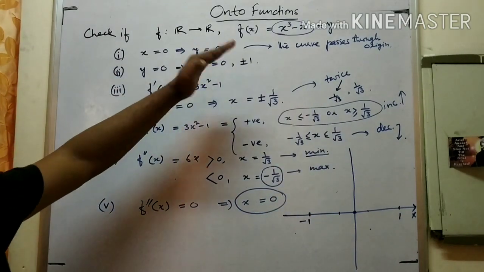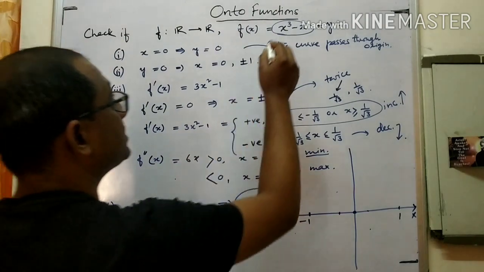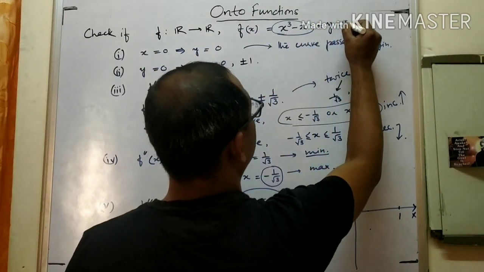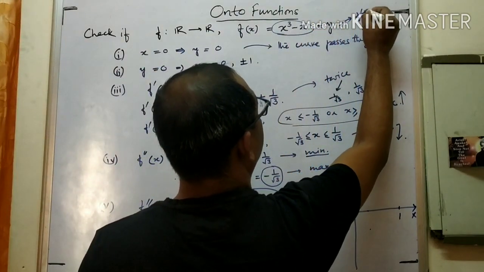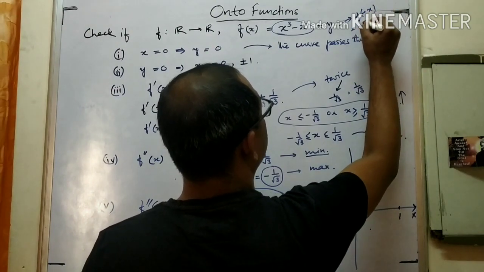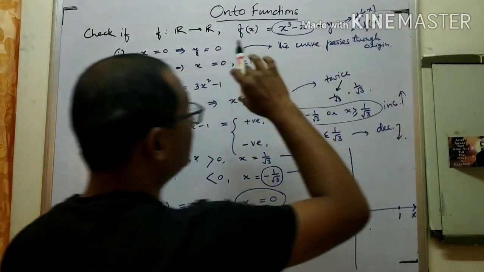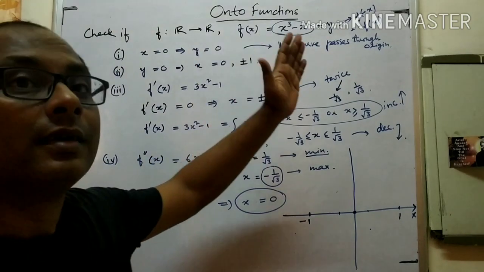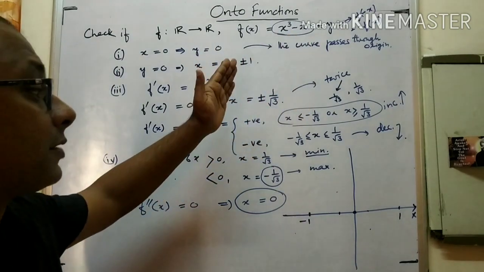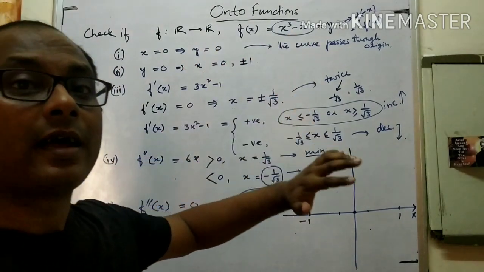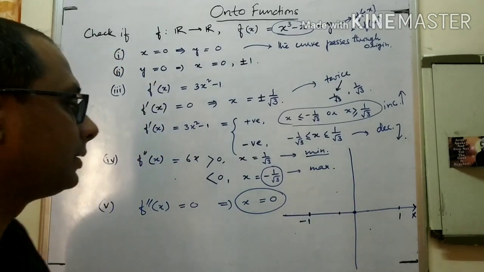One more thing we can notice here: this function is an odd function. If we replace x with minus x, we will get minus of fx. So the graph of this function will be symmetric about the origin.